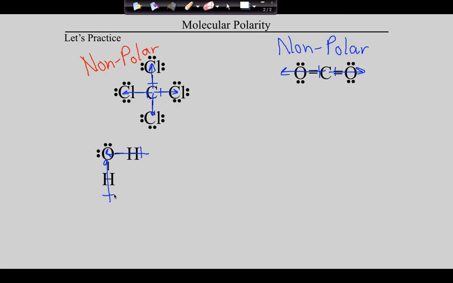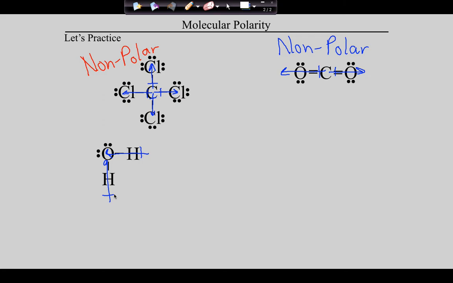Now, guys, water molecules, you've dealt with these many, many times. Water looks like this, right? Is this symmetrical? No. Look, if you draw this, this dude is not symmetrical, right? So it's polar.